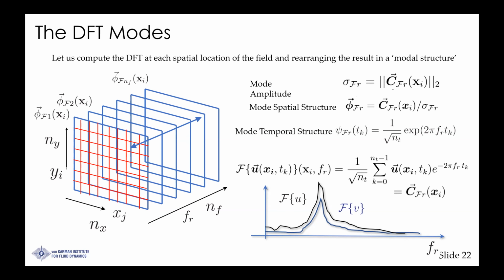What does this product give? It should give something like sigma 1 Phi1, sigma 2 Phi2, sigma 3 Phi3. This product gives us this.